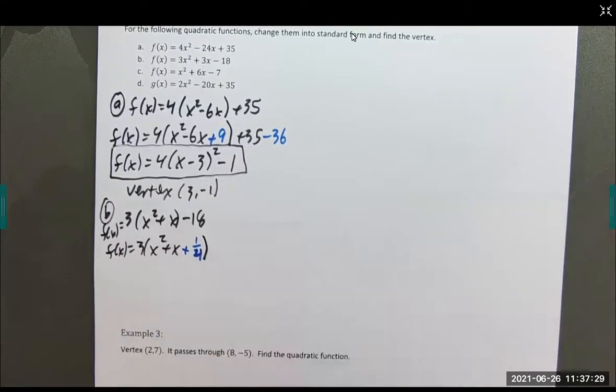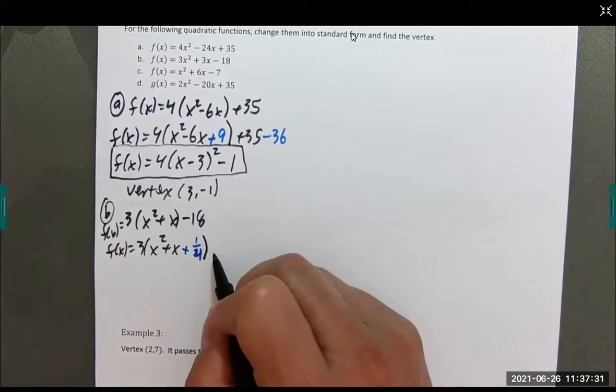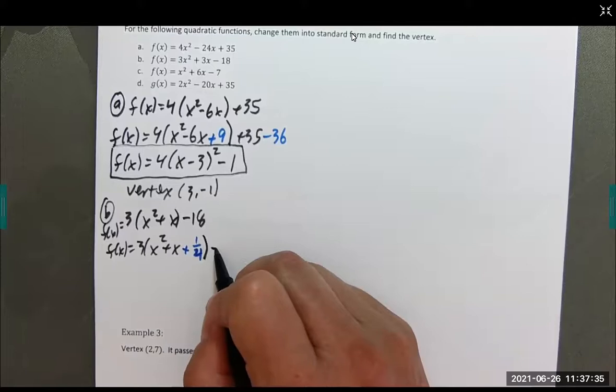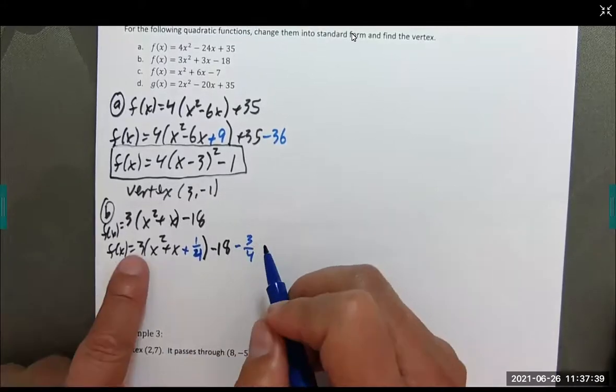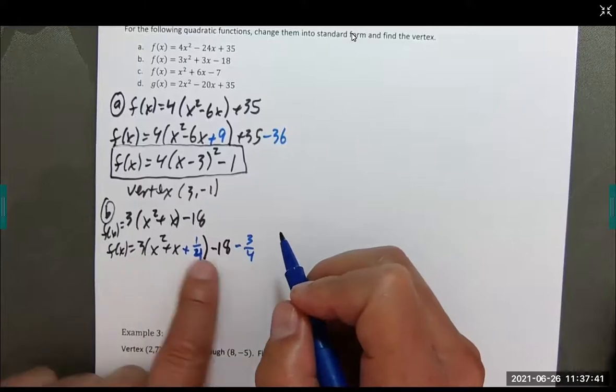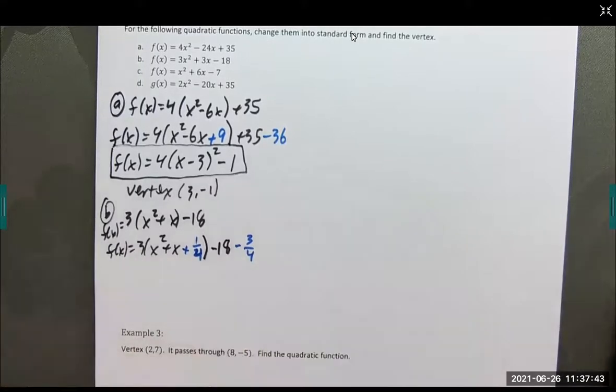So that's going to be minus 18 minus 3/4. And again, the 3 times the 1/4 gives me the positive 3/4. So to compensate, I have to do this. Now I'm going to get a common denominator here of 4. Combine things up and end up with this.